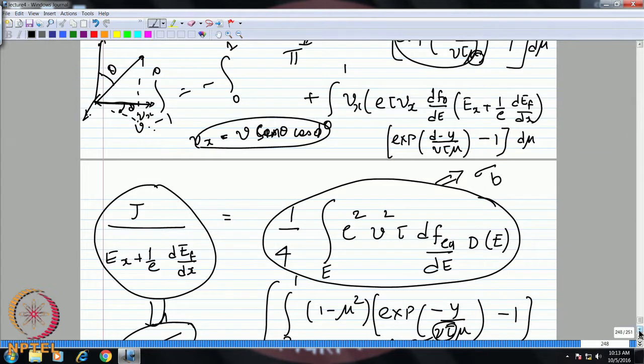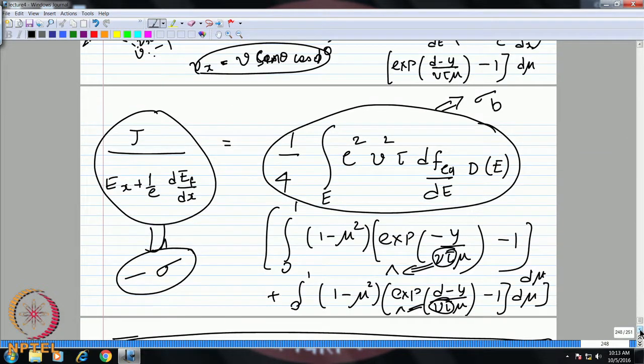After this it is simply integration, so we use all the rules of integration, and finally we write the term on the left hand side such that we have current flux divided by the electric field plus whatever electrochemical gradient.